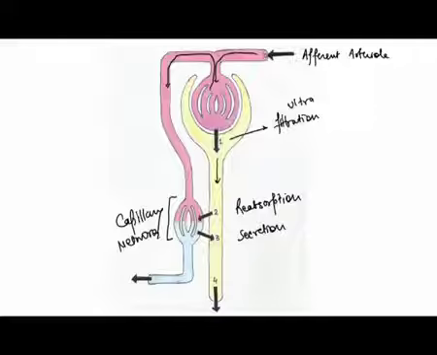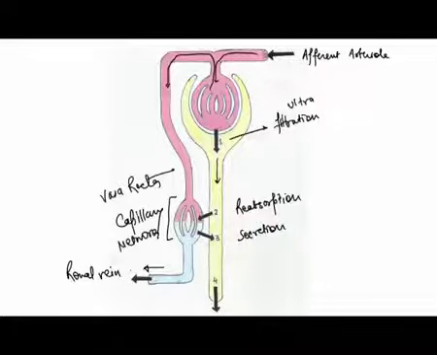So this whole capillary network has the blood connection, and we will see later the modified version of this capillary, what we call the vasa recta. This vasa recta is nothing but the capillary network running parallel to the loop of Henle, and here we have the renal vein.